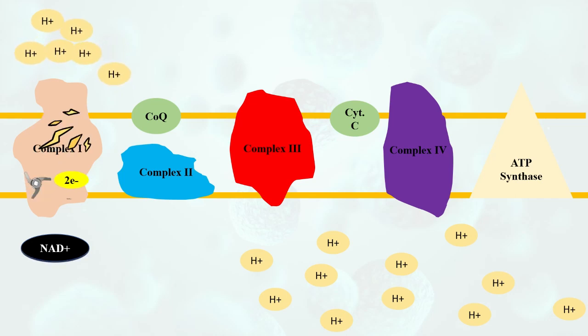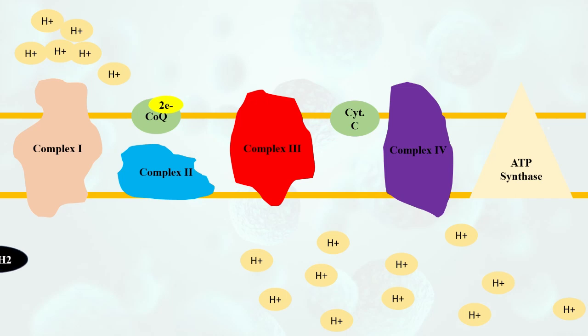to CoQ. Remember that in Krebs cycle, in glycolysis, oxidative phosphorylation, there are just two electron carriers. We have the NADH, and of course we have the FADH2. So basically the same thing, FADH2 will be giving the electron to complex 2.